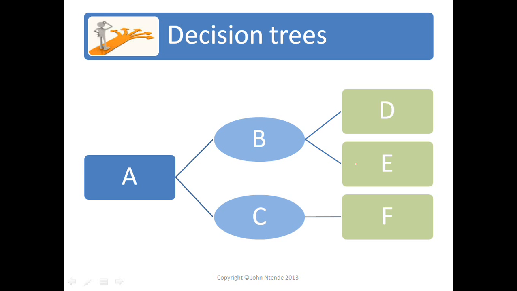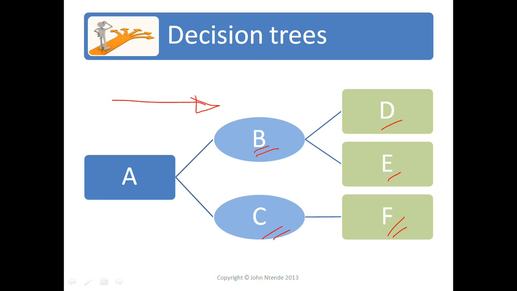So for instance, you're trying to choose between B and C. If you choose B, you may have an outcome of D and an outcome of E. If you choose C, then you may end up with F. So a decision tree is drawn from left to right, and you try to put in all the alternatives into the decision tree plus all the corresponding probabilities.